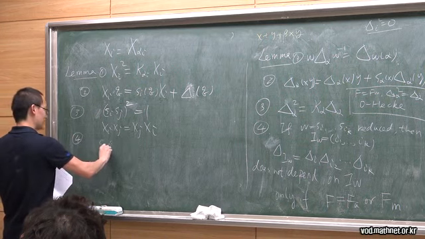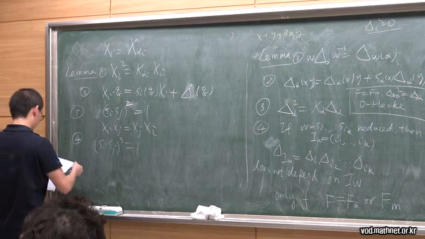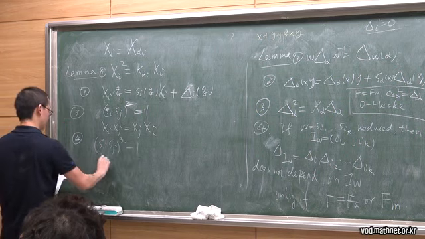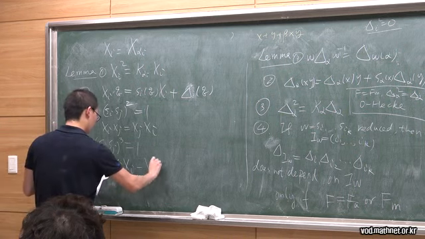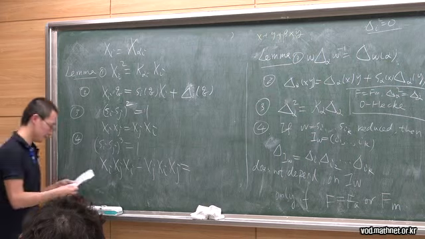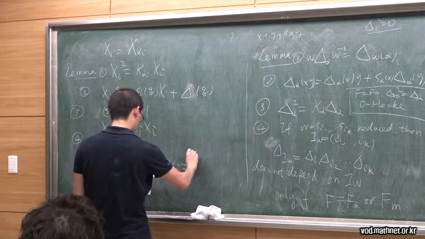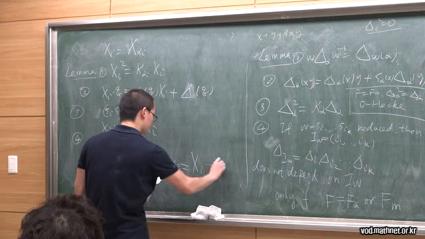And if it's 3, it's more complicated. Then this is equal to xi and xj.